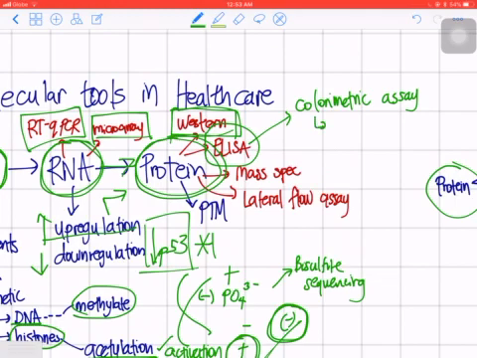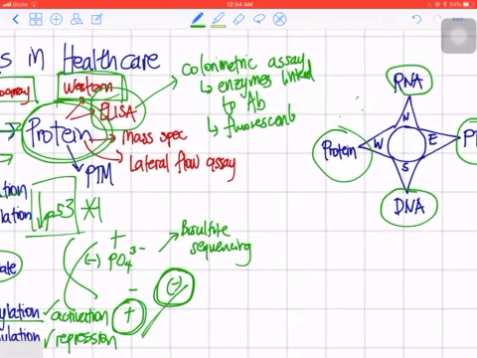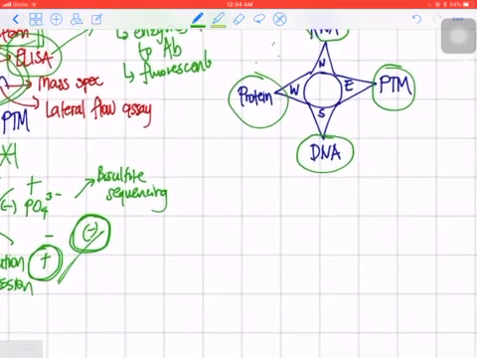So this is done usually through enzymes, okay, enzymes that are linked to antibodies. Sometimes your ELISA can be conjugated to fluorescent molecules, and this is usually done in more advanced laboratories.